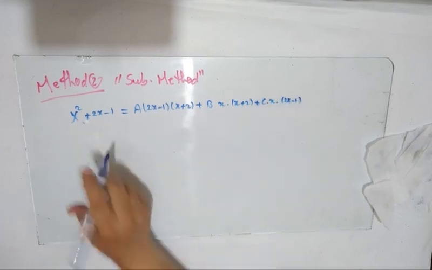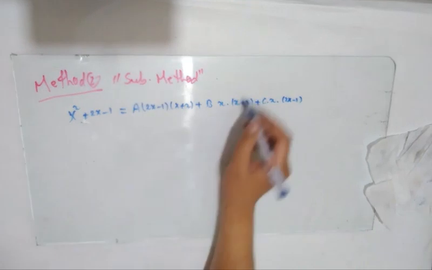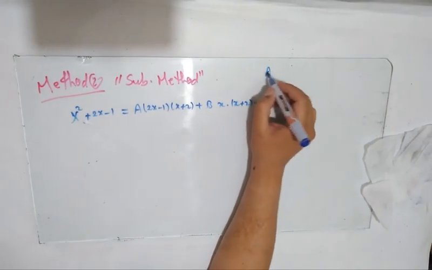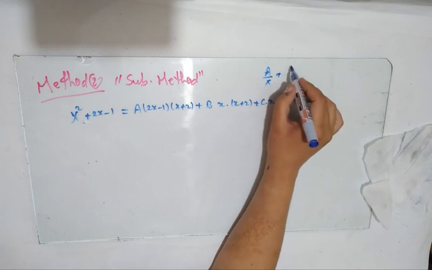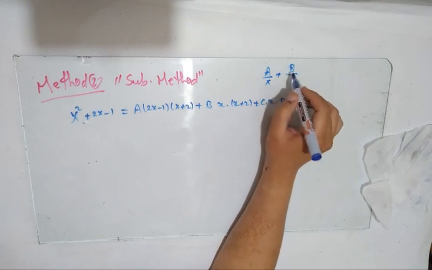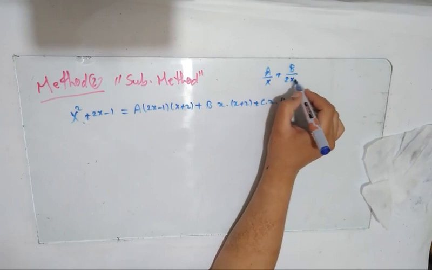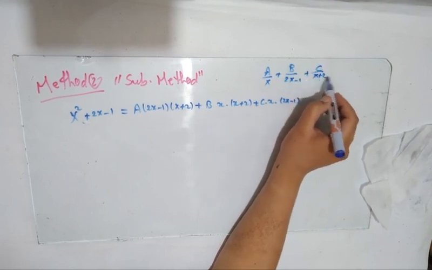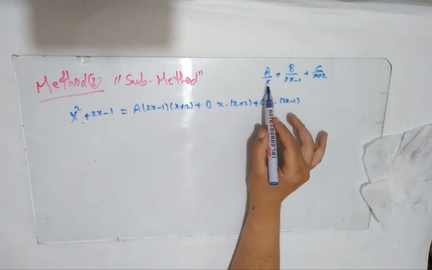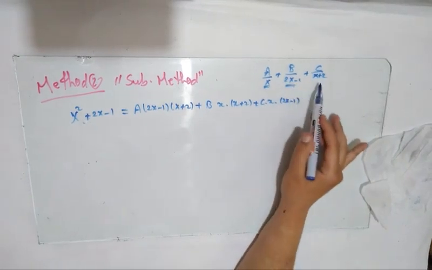Okay, our partial fraction expression was a over x plus b over 2x minus 1 plus c over x plus 2. So we are going to substitute by the zeros of the denominator.